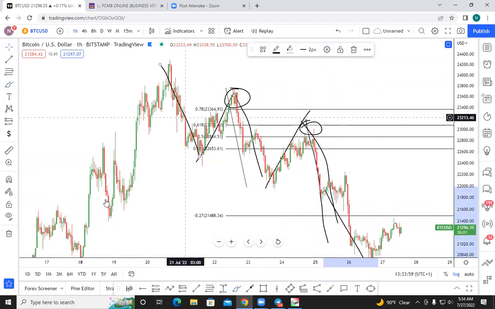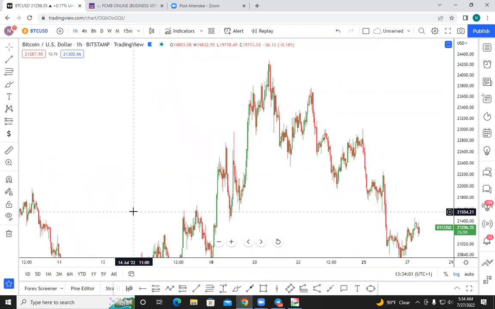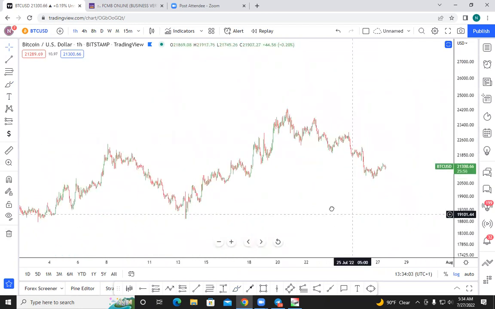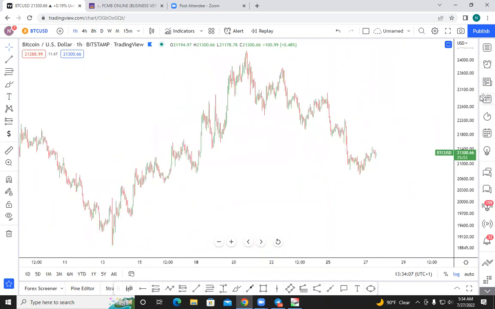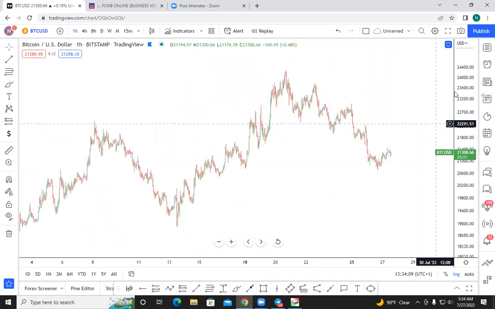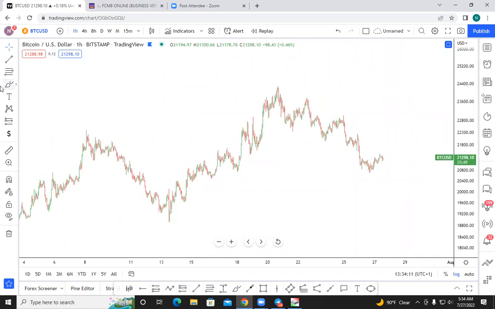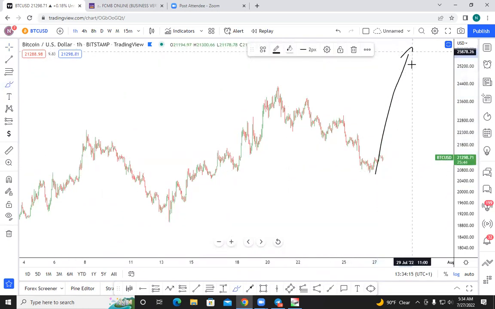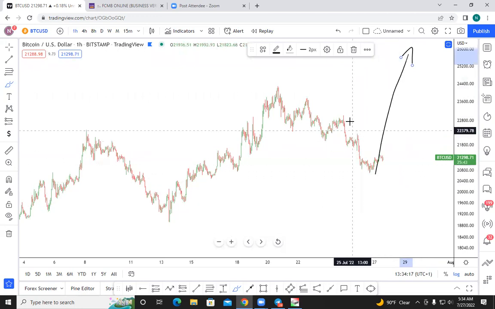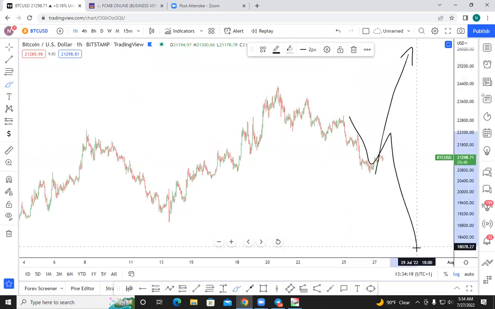Can you see now? If you look at this, what I like to do going forward is this. This is looking like an ending structure. I want to get a confirmation whether to begin to look for my buy opportunity to break this top, or to look for a corrective structure here and still look for downside.